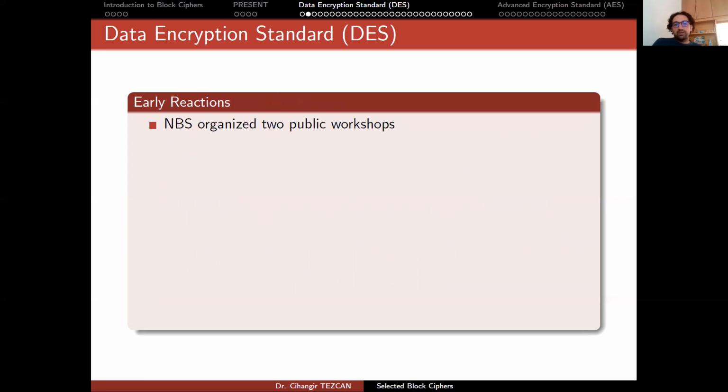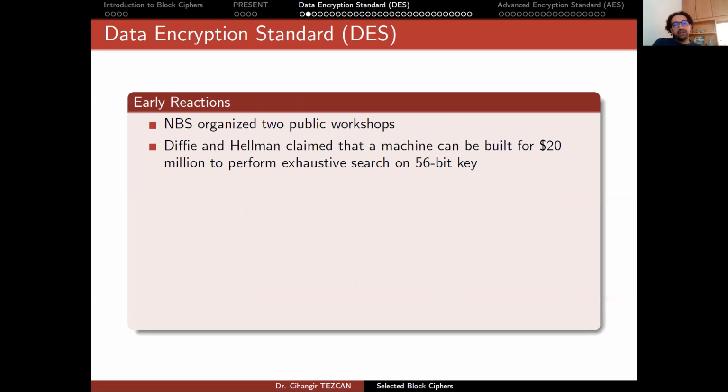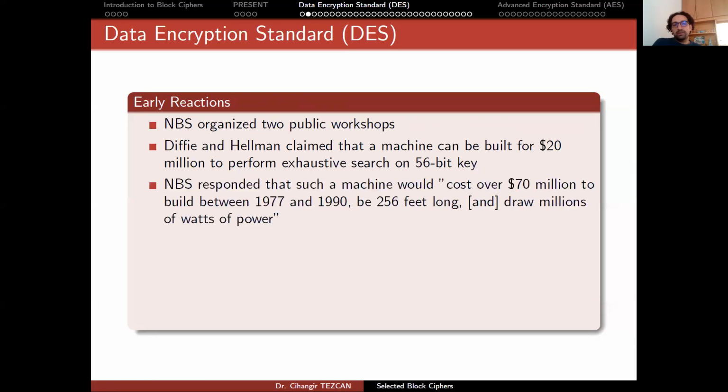NBS organized two public workshops and received comments from cryptographers, academia, and industry. Diffie and Hellman claimed that a machine can be built for $20 million to perform an exhaustive search on a 56-bit key. But NBS responded that such a machine would cost over $70 million to build between 1977 and 1990.